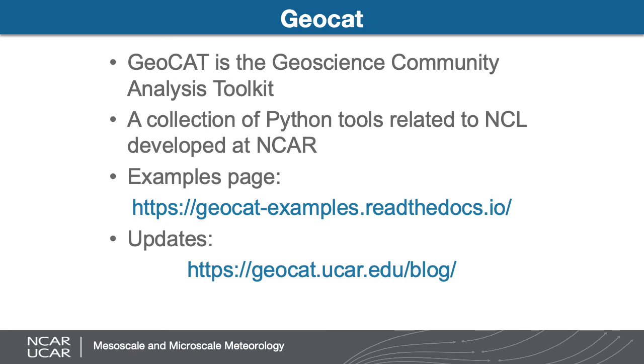However, NCAR has decided to move more towards Python. So they created GeoCAT, which will take a lot of tools that are only available in NCL for the geoscience community, and it'll create new functions in Python that you can use. There's an examples page, which is somewhat similar to the NCL examples, here at GeoCAT-examples, and updates on the progress of GeoCAT can be found here.